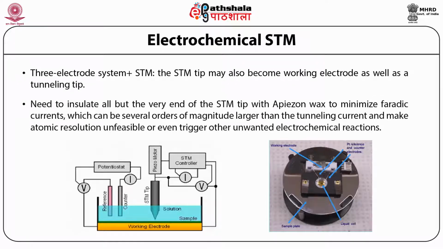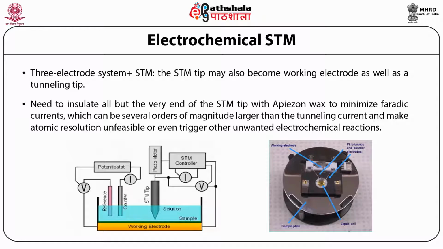We need to insulate all but the very end of the STM tip with Apiezon wax to minimize Faraday currents, which can be several orders of magnitude larger than the tunneling current and make atomic resolution unfeasible or even trigger other unwanted electrochemical reactions.